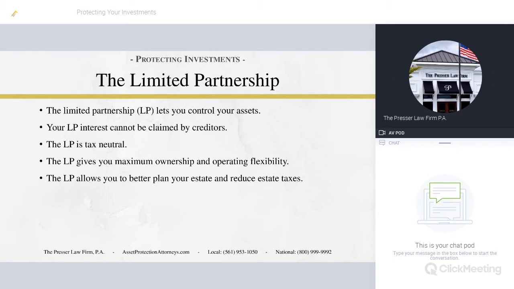So if the creditor can take the distribution instead of the limited partner, then what you want to do is hopefully control whether or not a distribution is given.